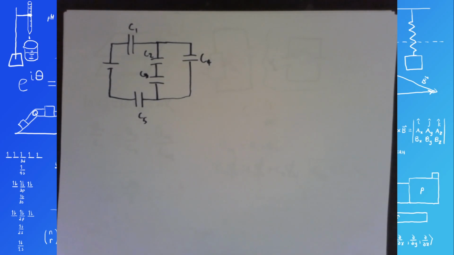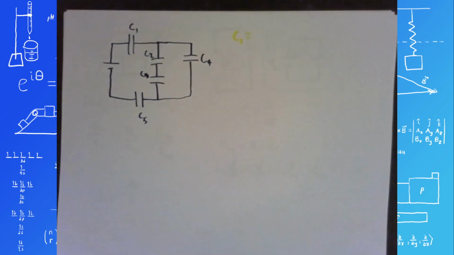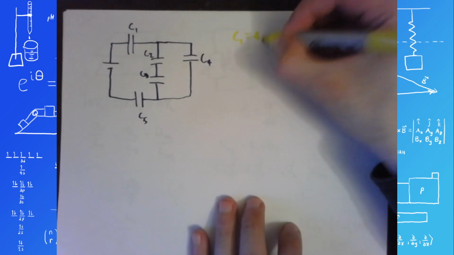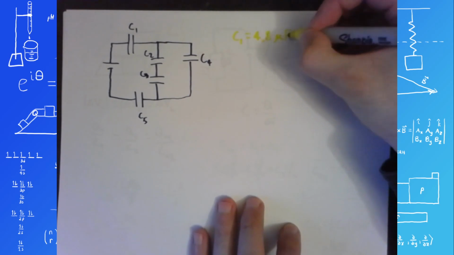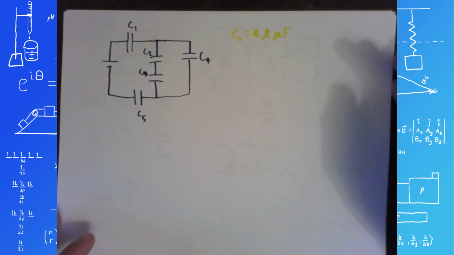But let me actually go ahead and give the numbers that they have for these capacitances. So C1 is given as 4.8 microfarads. A farad is a coulomb per volt.